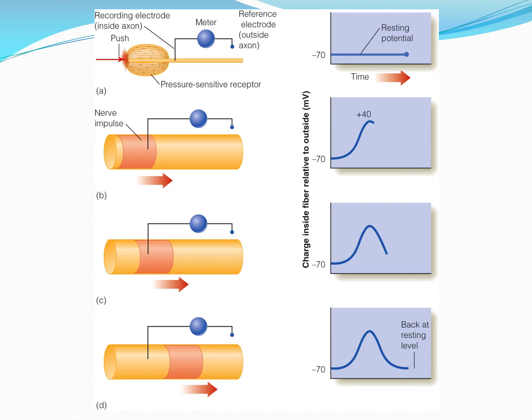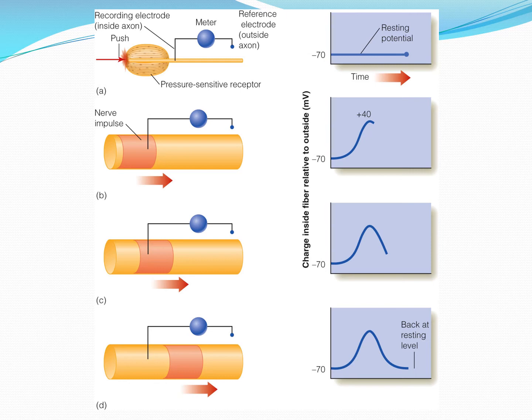And then, as that nerve impulse continues to pass by that electrode, we see the charge go back down. It goes from positive 40 millivolts and heads back down to negative 70 millivolts, or actually goes a little tiny bit lower. And so in D, the nerve impulse has just passed, and we're back at the resting potential of negative 70 millivolts.